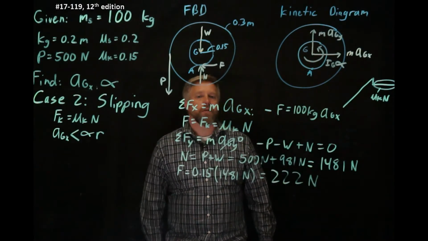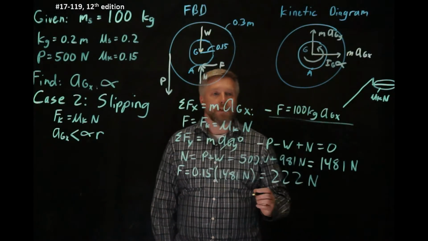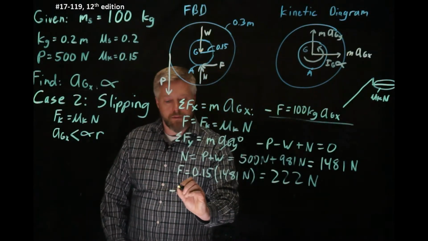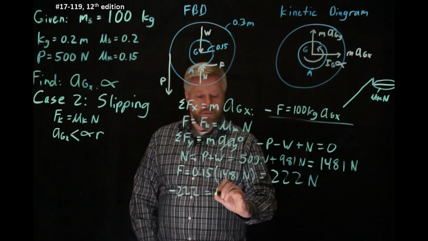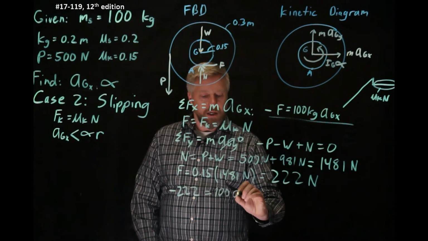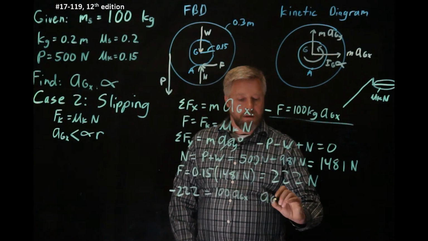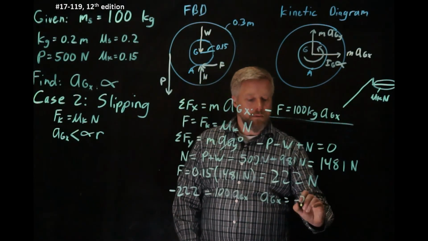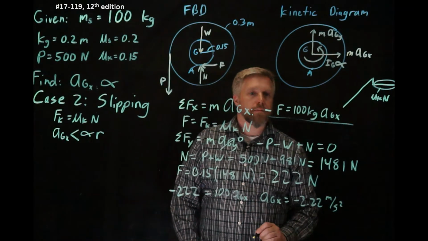Okay, so we now know our frictional force. We can plug that into our equation right here, and we can find AGX. We get negative 222 equals 100 times AGX. Solve for AGX: AGX equals negative 2.22 meters per second squared.